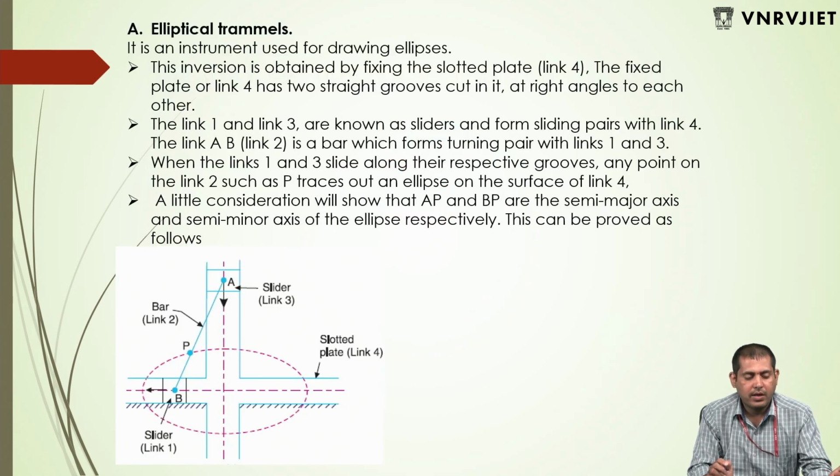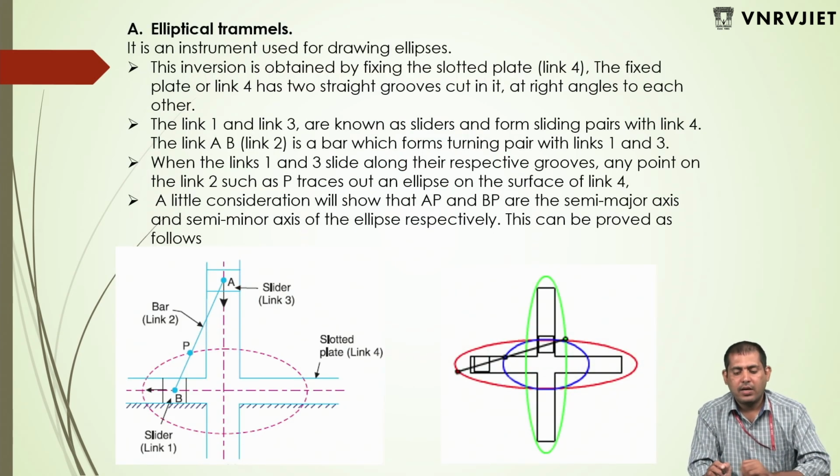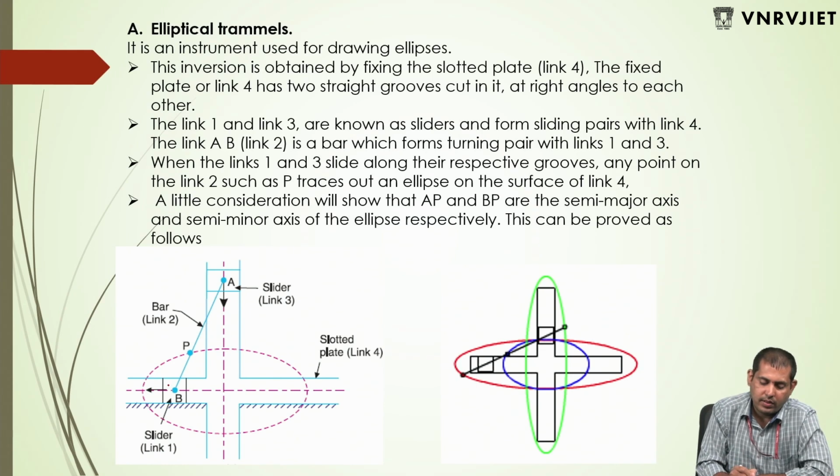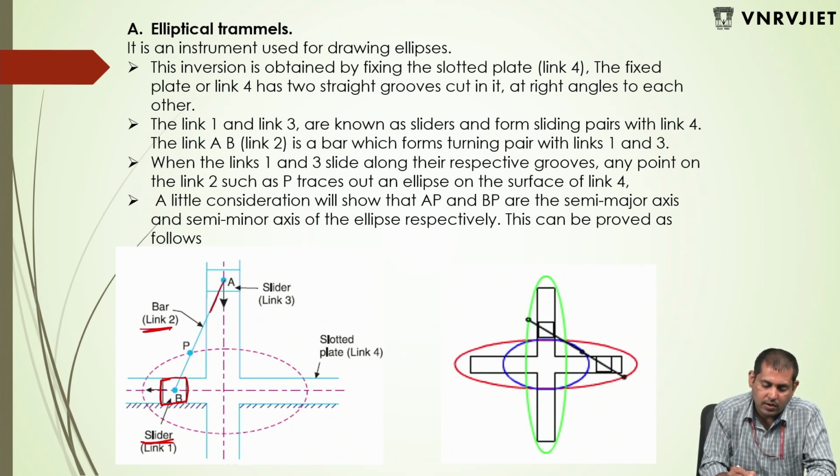First, the elliptical trammel. Here you can see the two sliders. Link 1 is a slider, link 2 is a bar, link 3 is again a slider, and link 4 is a slotted plate.